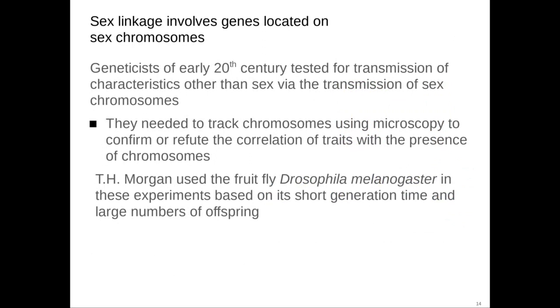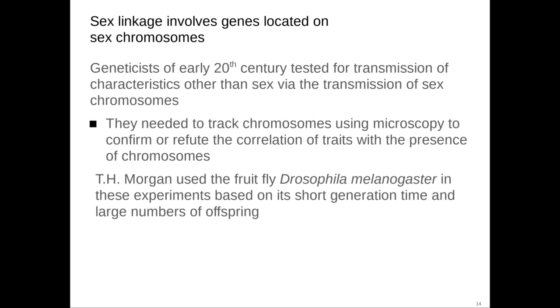Now, we're going to talk about a related process in terms of our sexual chromosomes, which we call sex linkage. And this involves those genes that are located on those XY chromosomes, and it's mostly, obviously, the X chromosome. Now, our early 20th century geneticists, so Sutton was a part of this group, tested for the transmission of characteristics other than sex via the transmission of sexual chromosomes.